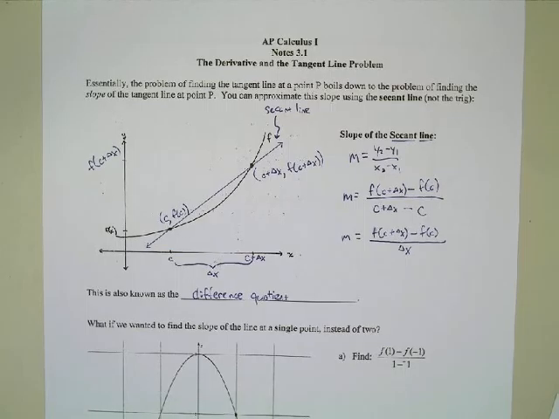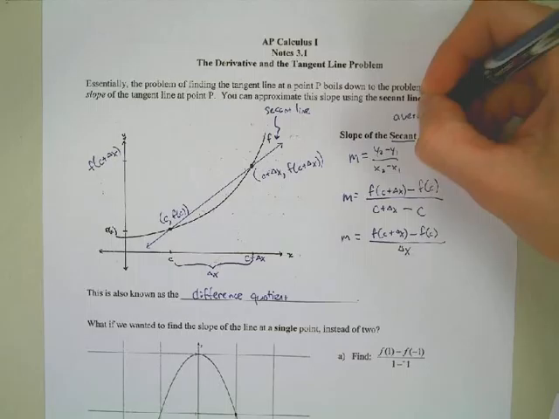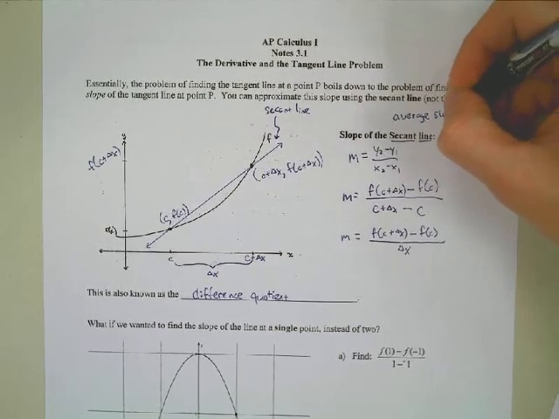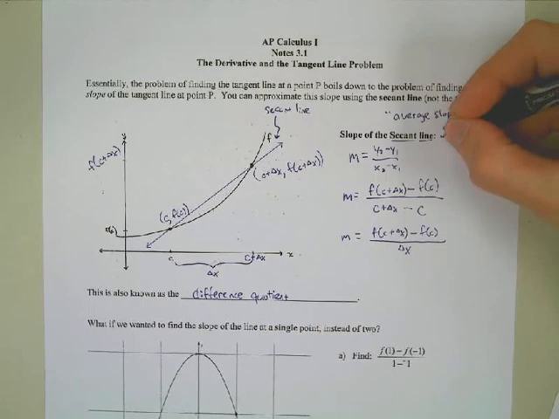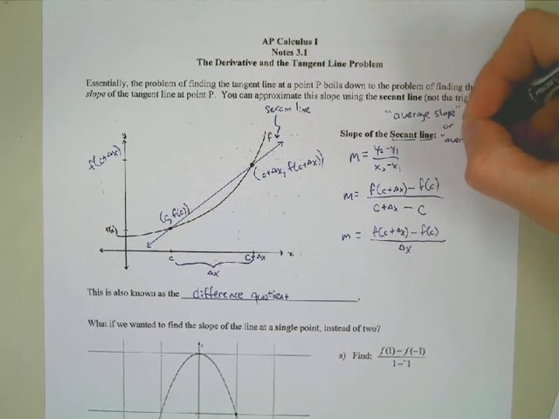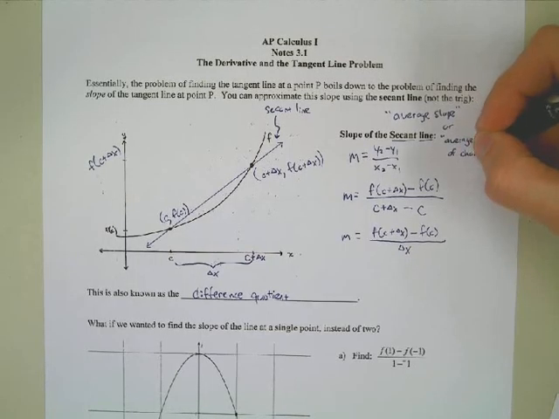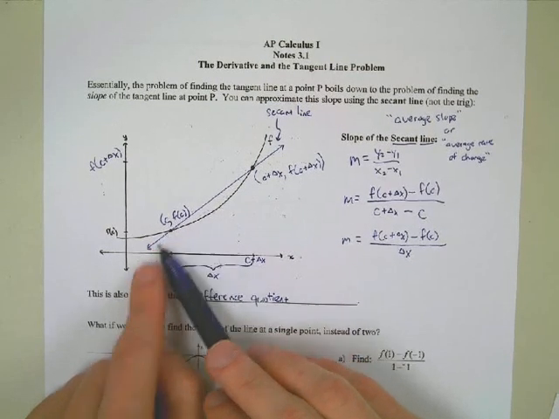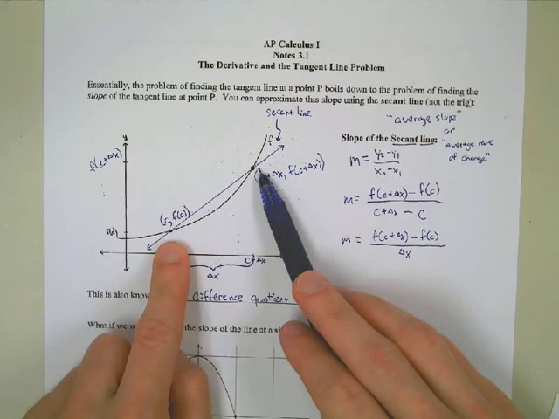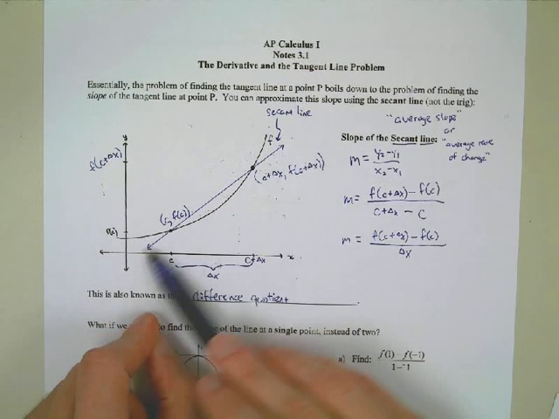The secant line finds what we call the average slope, or we also sometimes call this the average rate of change. We call it an average because it's the slope between 2 points. For this interval, the average rate of change is the slope of this line, or the average slope.